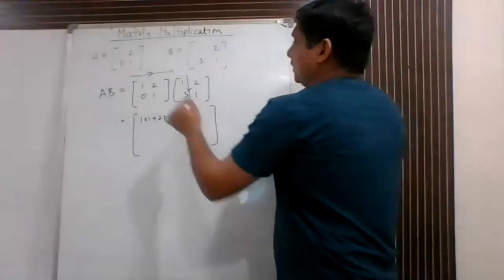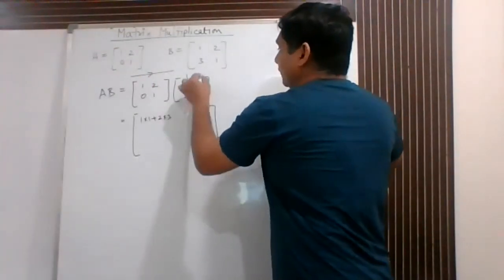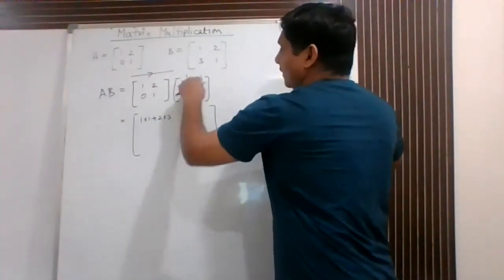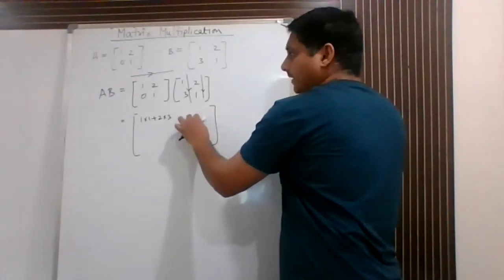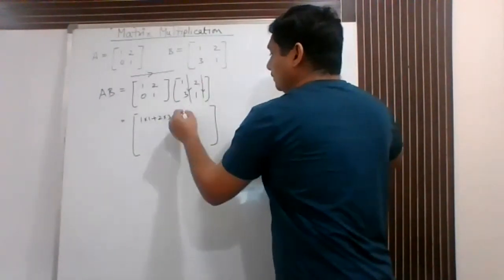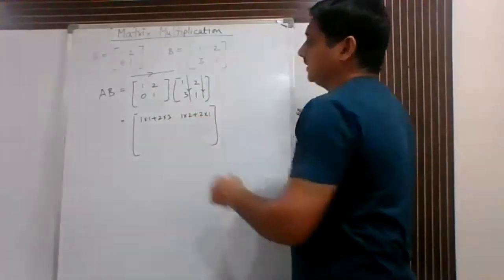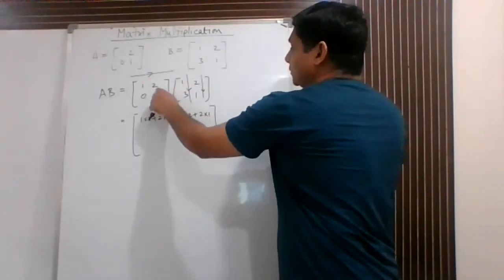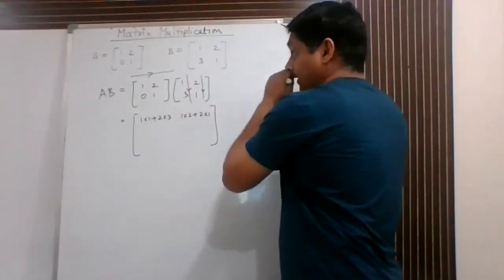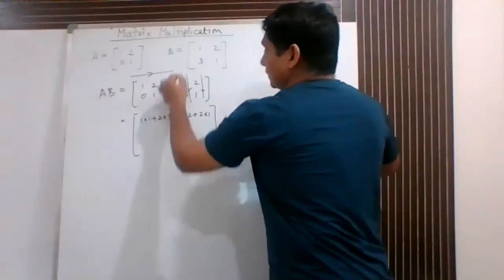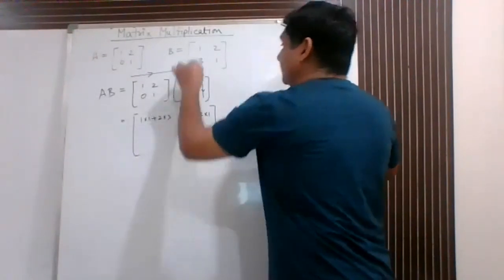Right? Now you will keep this as it is and you will move to the next one. We fix this and move to this one, and here we have to fill the entry. So that will be 1 into 2 plus 2 into 1. Now after that, you will move to this one. So again you will operate with this, and with this again you will operate.